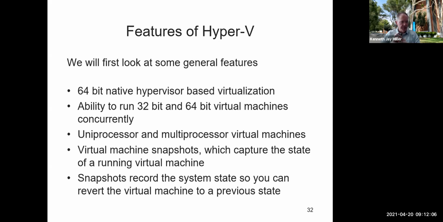You can create virtual machine snapshots, which capture the state of the running virtual machine. The snapshots record the system state so that you can revert the virtual machine to a previous state. So a snapshot not only captures the data that is changed in the VM.